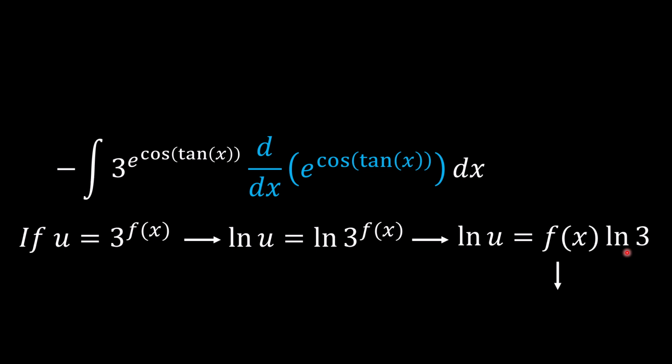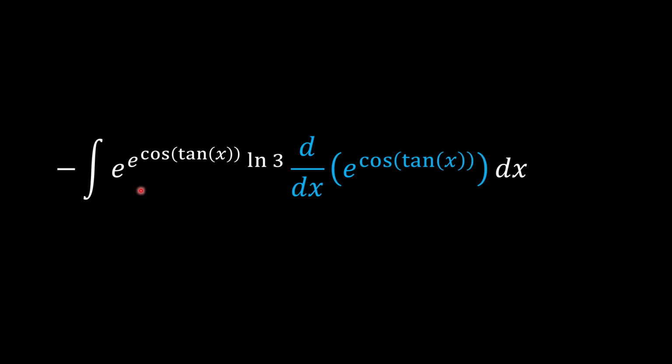So if we take e to the power of the natural logarithm of u, we come up with u being equal to e to the power f(x) times the natural logarithm of 3. We're going to use this expression now to rework the part that is before the derivative sign.